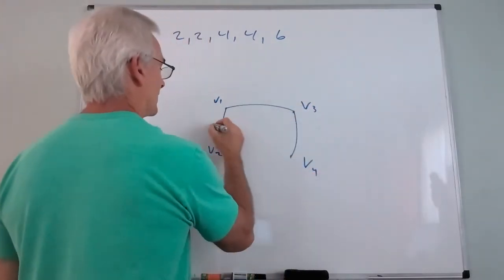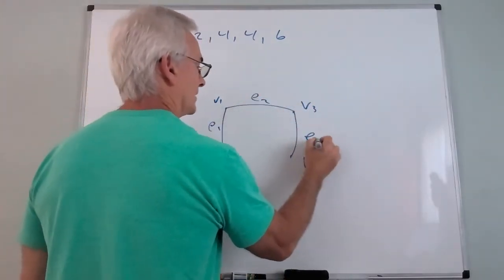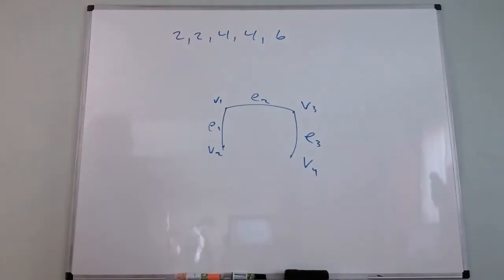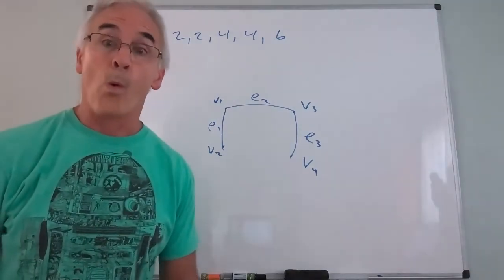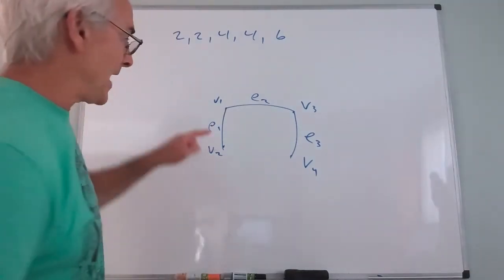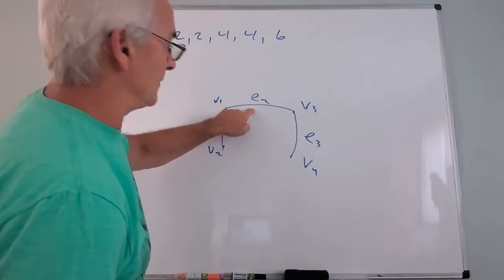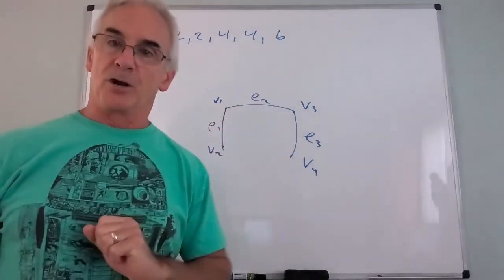I'm going to start simple. E1, E2, E3. Is this a connected graph with a bridge? Yes. How many bridges? There are 3, because if I removed any of the 3, it would no longer be connected.